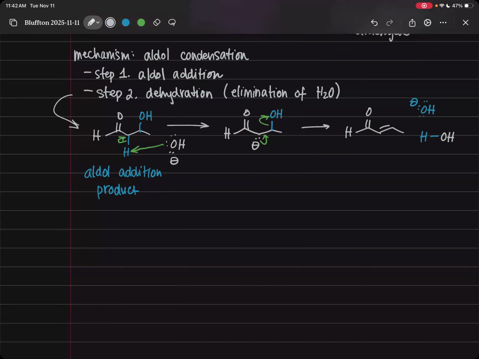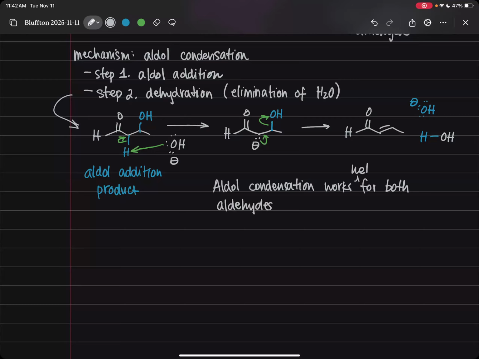So, unlike just the aldol addition, the aldol condensation works well for both aldehydes and ketones.